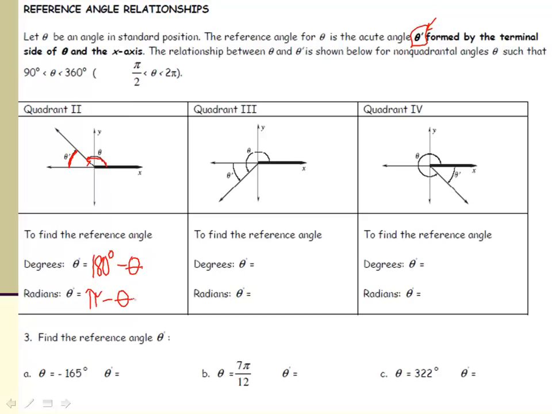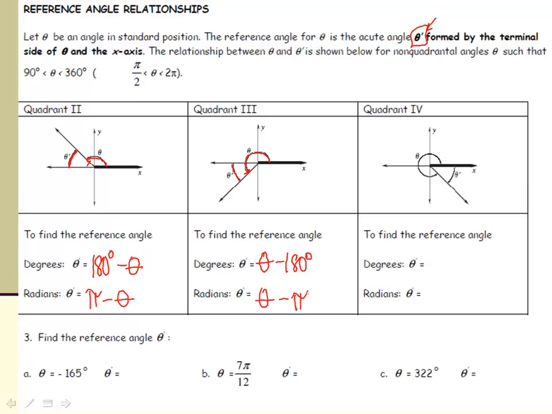For quadrant 3, an angle comes all the way over here, and again we want it in relation to the x-axis, so this right here would be our reference angle. To find the reference angle in quadrant 3, we do theta minus 180 degrees, or in radians, theta minus pi.